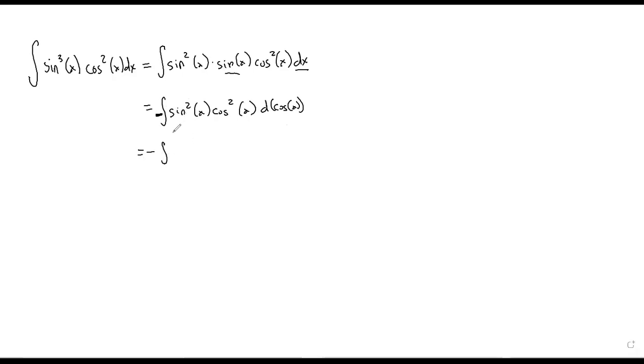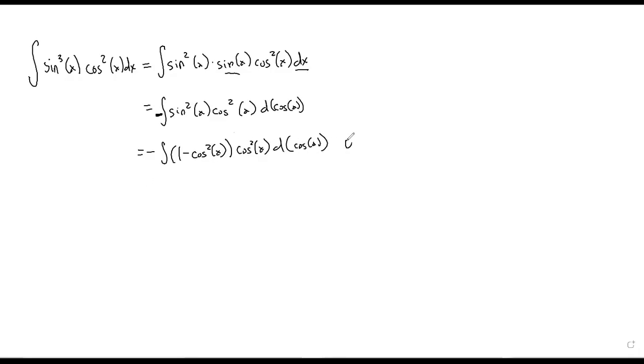Now, because I have cosine in my derivative operator, I'm going to change the sine squared to 1 minus cosine squared x. And then I'm going to have another cosine squared x, times the derivative of cosine x. As you can see, I'm getting ready to set up this u substitution.